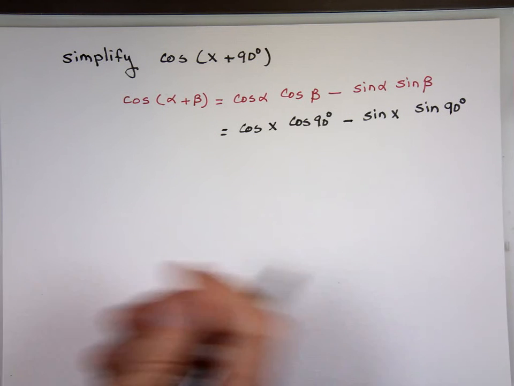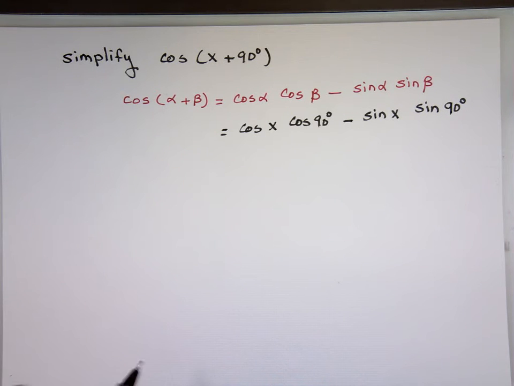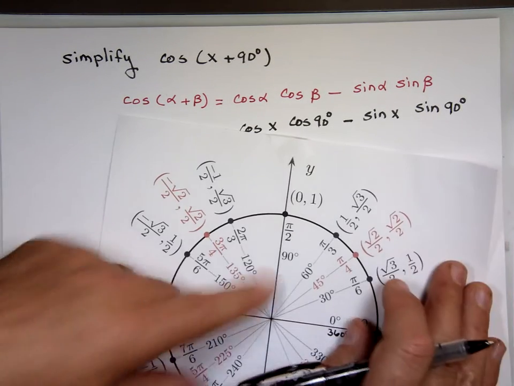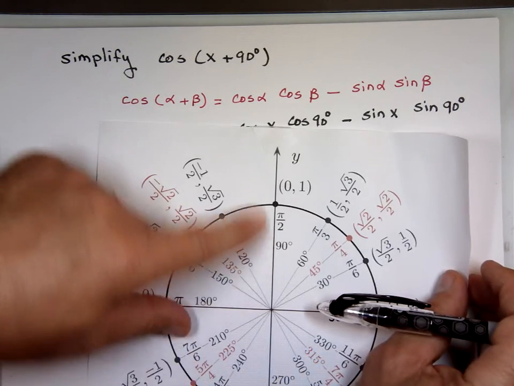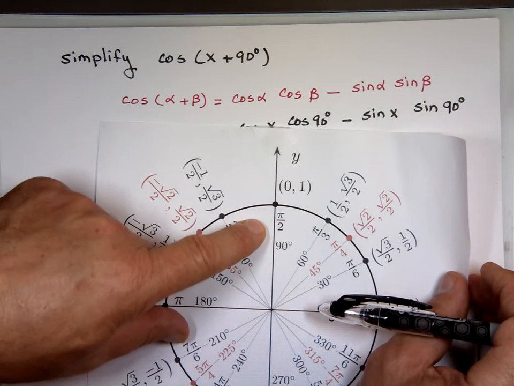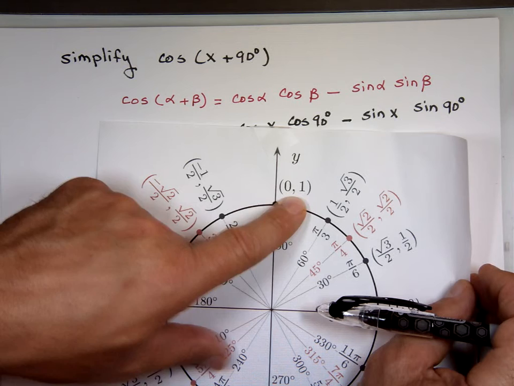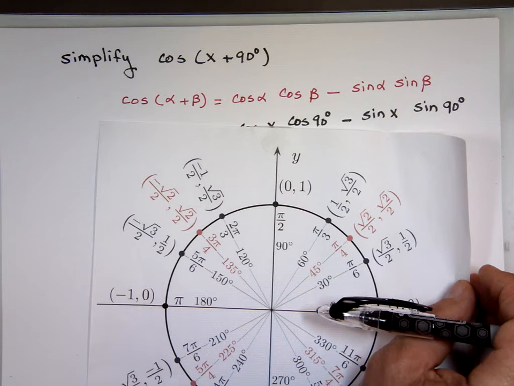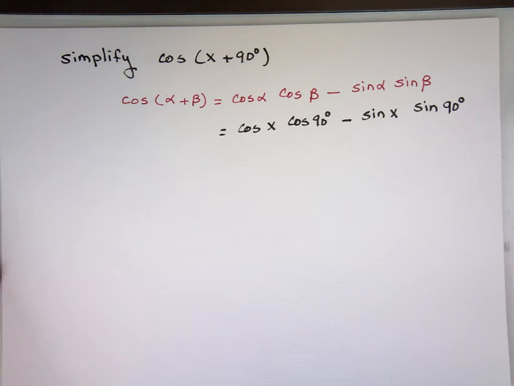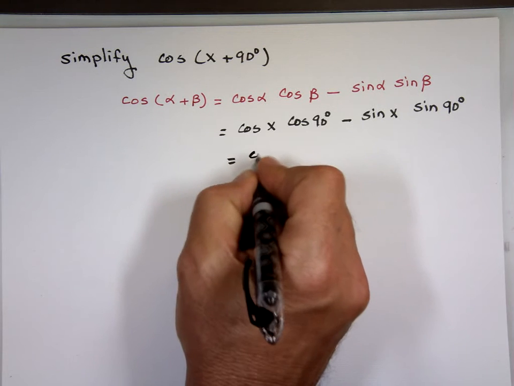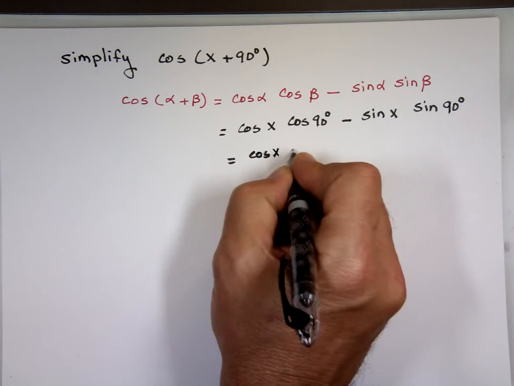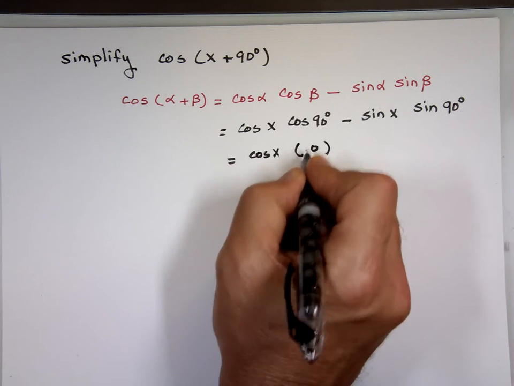Again, grab the unit circle, find the 90 degrees. This is the 90 degrees up there, right? What's the cosine of 90? 0. What's the sine of 90? 1. See them, everyone? Let's use these numbers. The answer to this is 0.